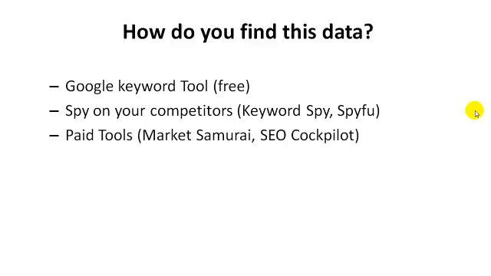But this tool here is pretty expensive, though I believe it is a one-time fee. I'm going to be using these tools here because this one's free and you can actually use it to do some basic keyword research on the free level.